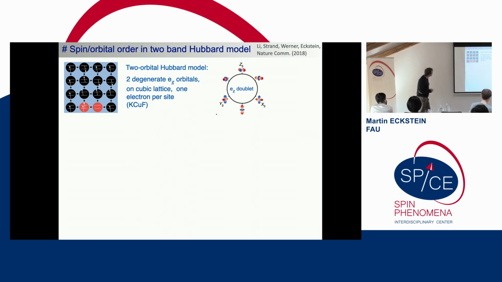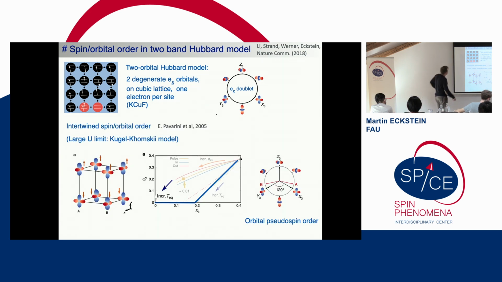This was for a two-orbital Hubbard model. You can view this as two degenerate orbitals, which can be eg-type orbitals, and you have one electron per site, in the Mott regime, so charge fluctuations are suppressed. These two orbitals form an orbital doublet, or a pseudo-spin.